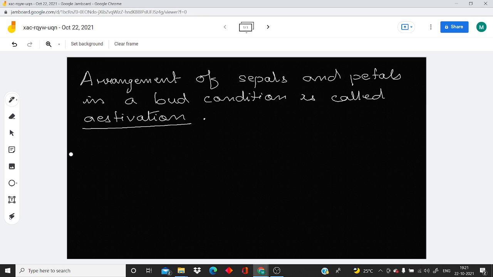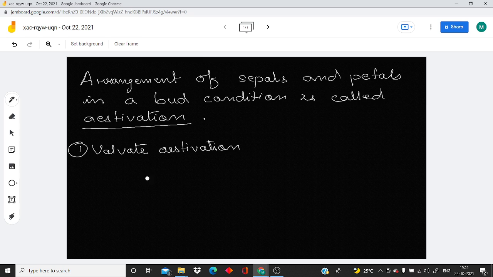So next is estivation. Now in your textbook there are around 4 types of estivation that we are going to study. The first one is called valvate estivation.